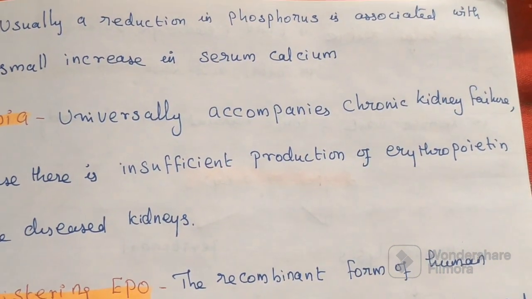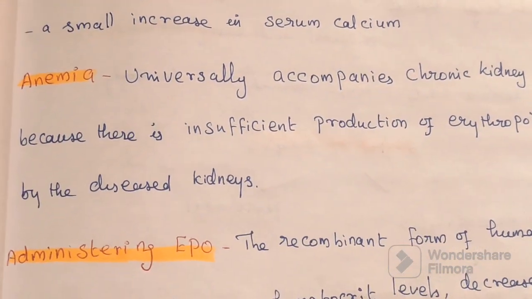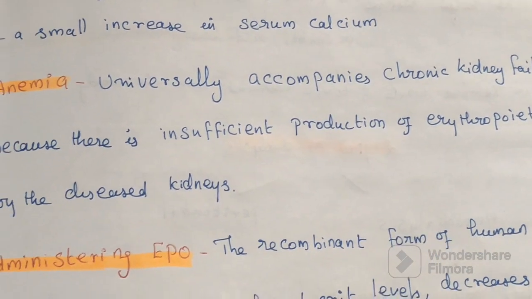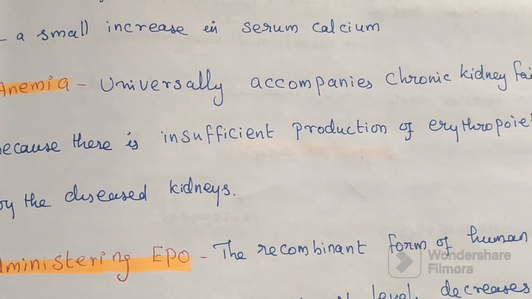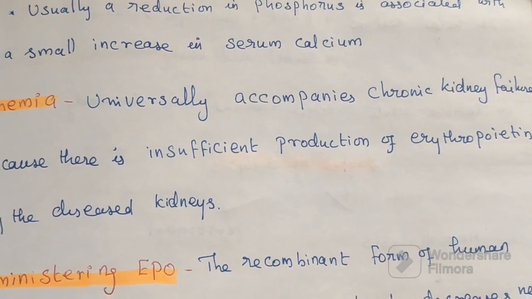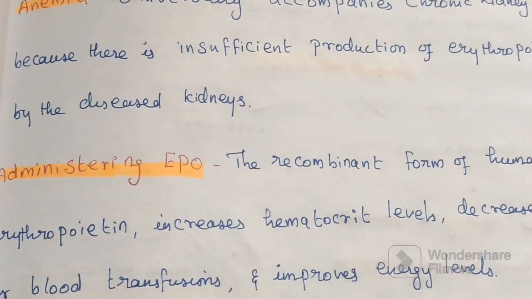Anemia accompanies chronic kidney failure because there is insufficient production of erythropoietin by the diseased kidney.